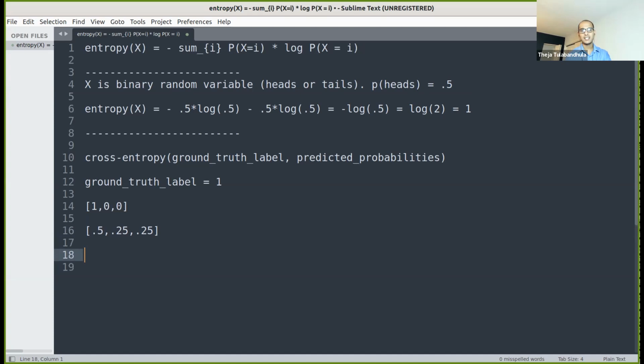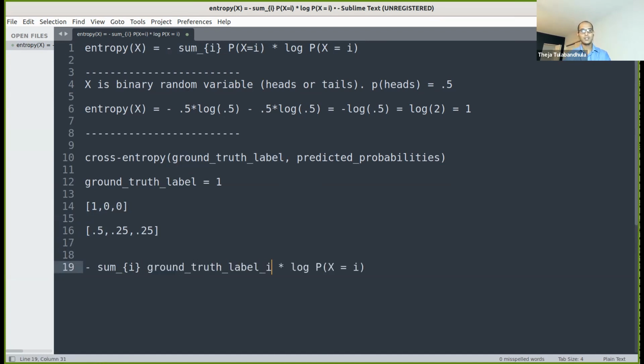Now cross entropy is just saying you have these two vectors. You follow the entropy definition here, but you take the sum over the ground truth vector at the ith location.